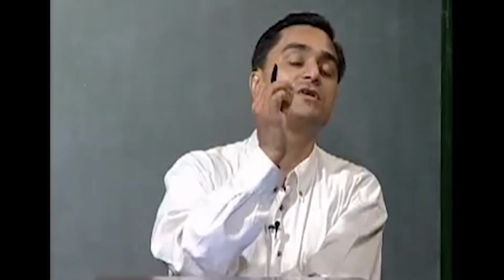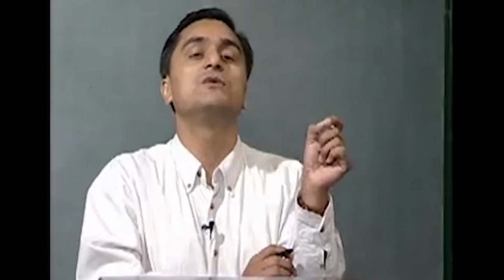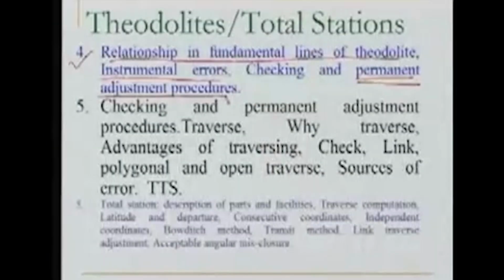Because we want to differentiate these adjustments from the temporary adjustments. Temporary adjustments are those which we do at each and every survey station, each and every traverse station, as we have seen. While these permanent adjustments are done once and then done again after a period of time, maybe 6 months or so, when you find that these errors are again there.